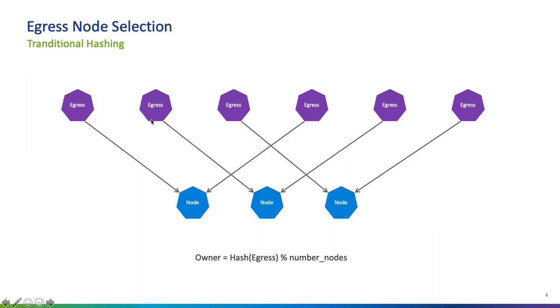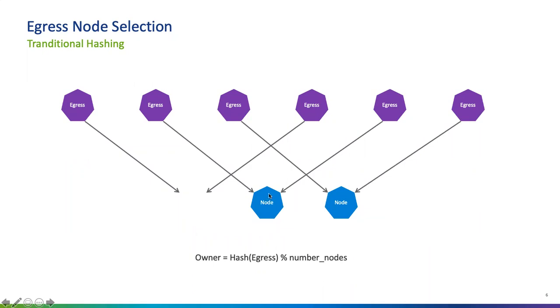For example, for the first egress, we map to the first node, and for the second, we map to the second, and for the fourth one, because it is beyond the number of the nodes, it then maps to the first node as well. But in this approach, if one node joins or leaves the cluster, it will cause almost all egresses to be remapped to other nodes because the number of slots has changed.